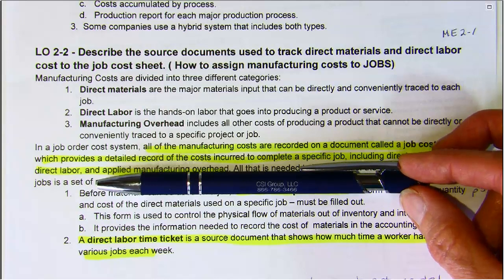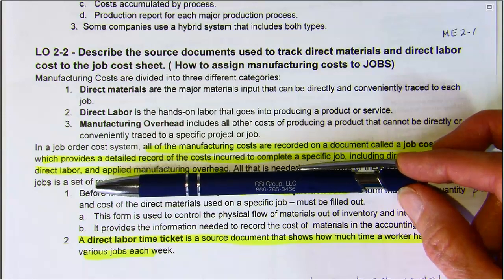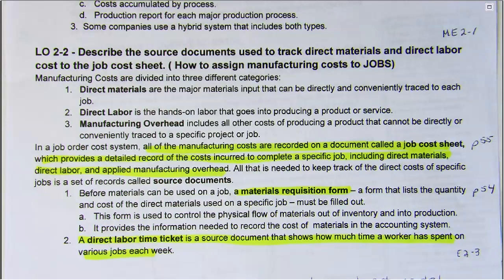Would that be a direct material? Well, technically yes, but it's not convenient to trace that little bit of writing on the pen. So we are going to call that little bit of writing manufacturing overhead, because it's not convenient to trace that little bit of ink that's used in writing out the name of the company on the pen.